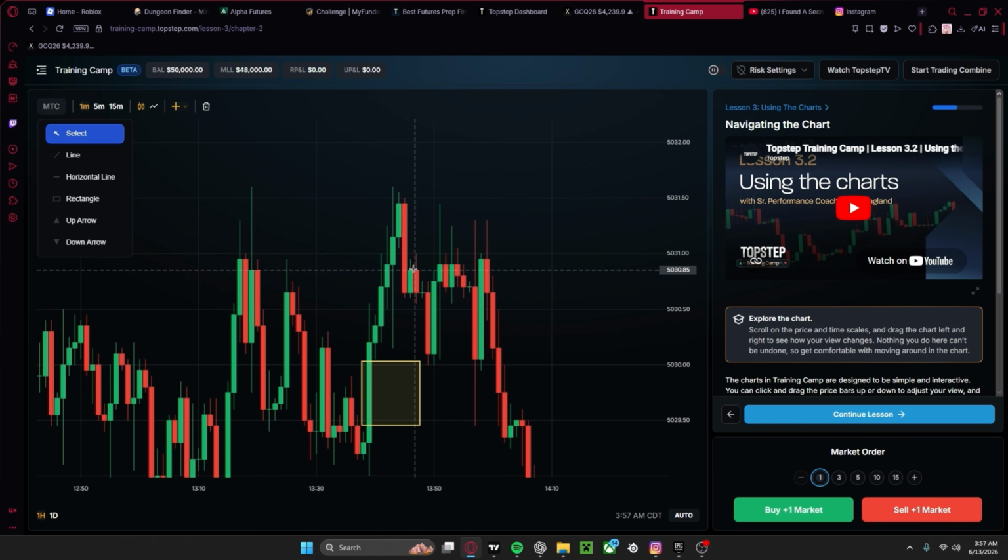We have one right here though, but it already retouched right here. It had retouched the fair value gap. So that one's invalid.